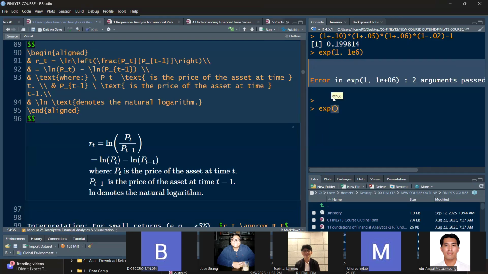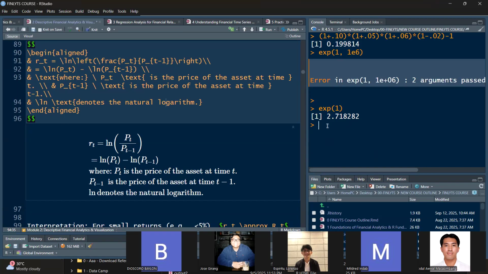EXP1. Okay, there, class. e to the 1. So in R, we use EXP, exponential, e to the 1. And in R, we also use log, LOG. We don't use LN, okay?